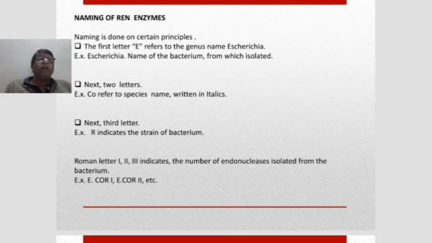Look at the example below: EcoRI, EcoRII, etc. In EcoRI, the first letter E always refers to the genus name, that is, obtained from Escherichia, the name of the bacterium from which it is isolated.